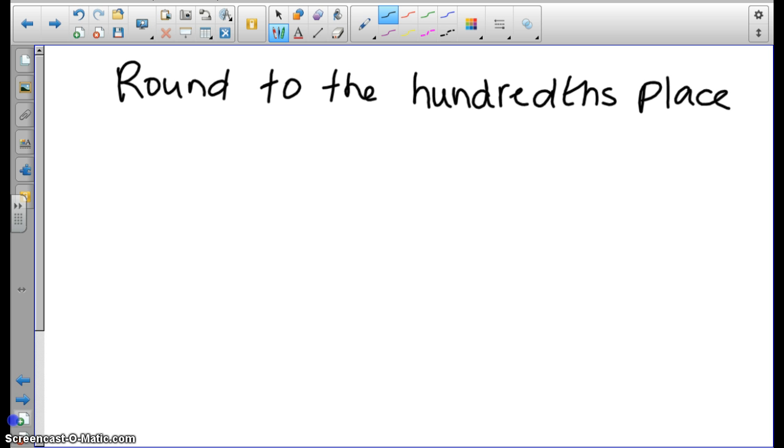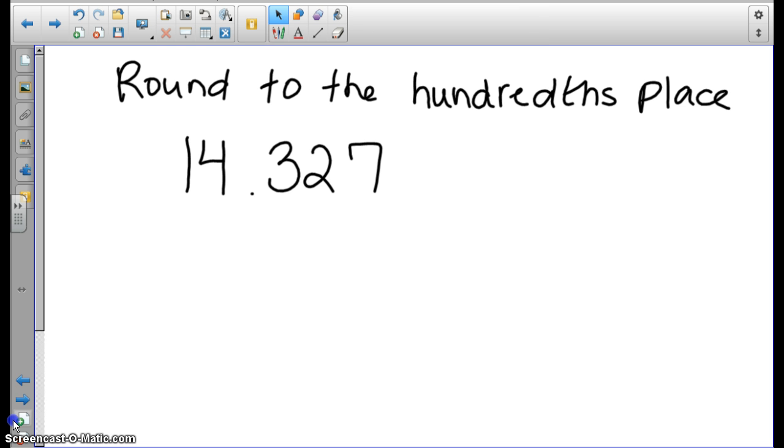Let's see, our example is going to be 14 and 327 thousandths. Okay, that 3's in the tenths place, the 2's in the hundredths, and the 7's in the thousandths. Our first step is to underline what the directions told us to round to, the hundredths place.